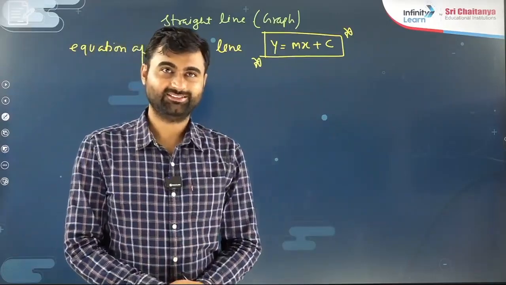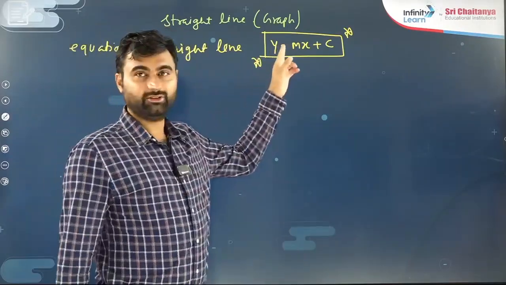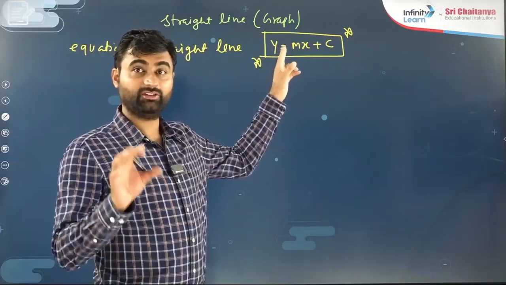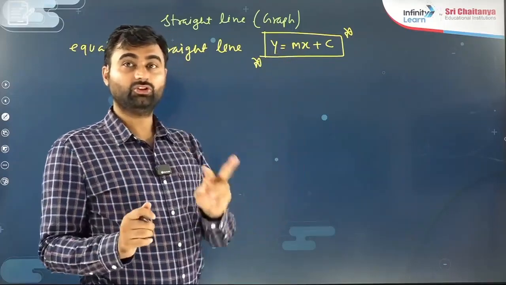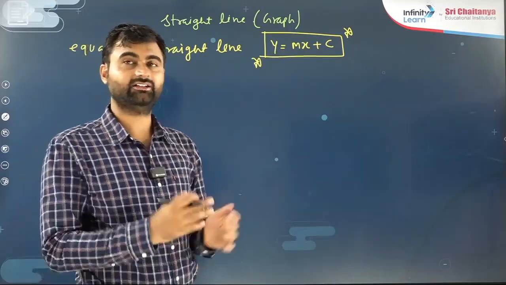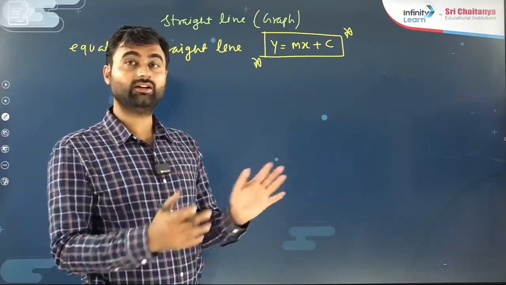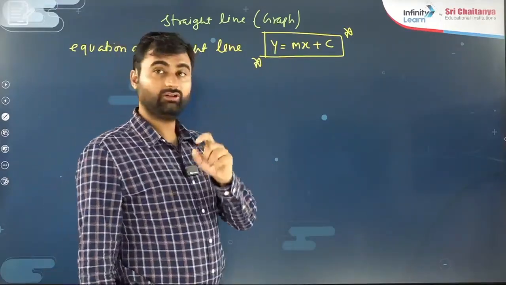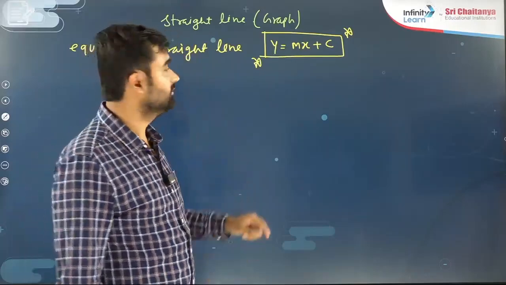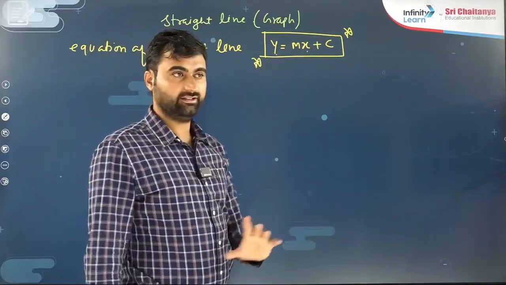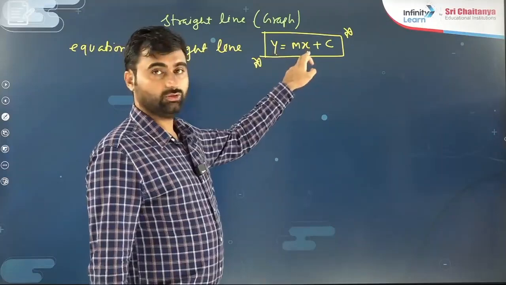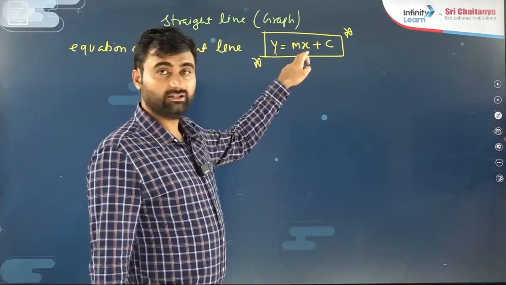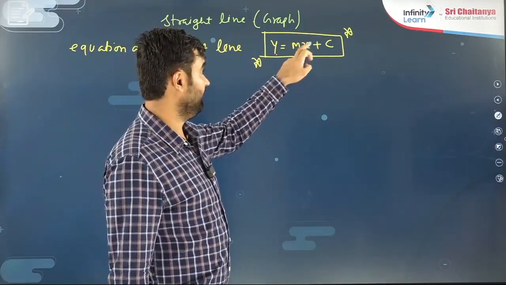Now, I already explained what is a straight line in which two coordinates are related, like x and y or y and z. We are talking about a planar straight line. So here y and x are related. Now y, x are the coordinates, but extra is m and c.